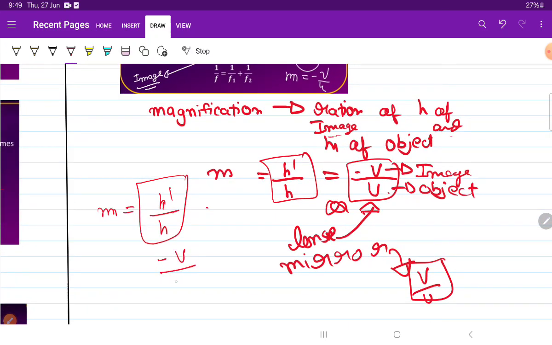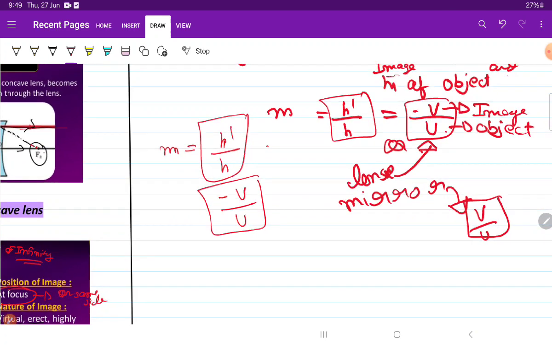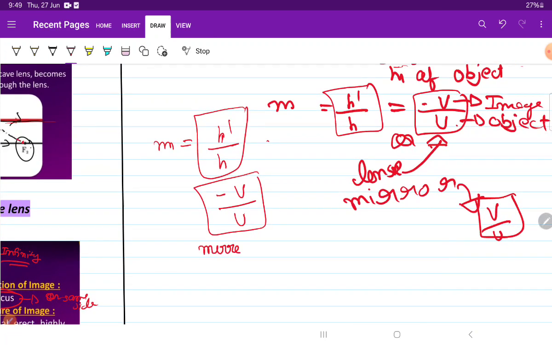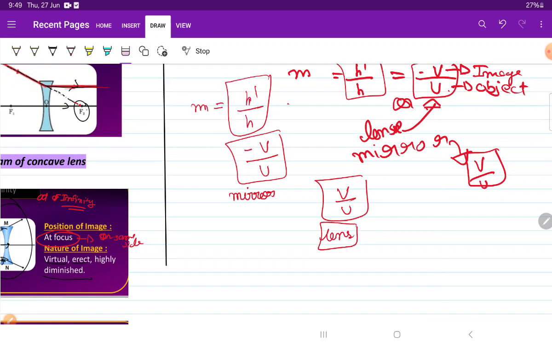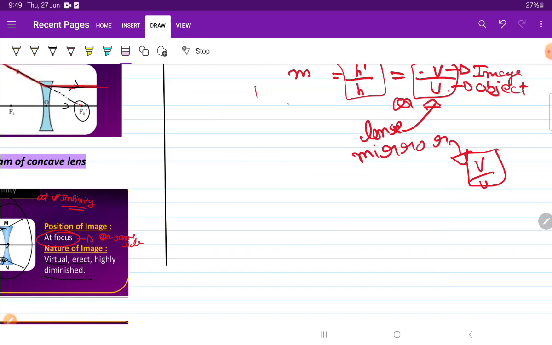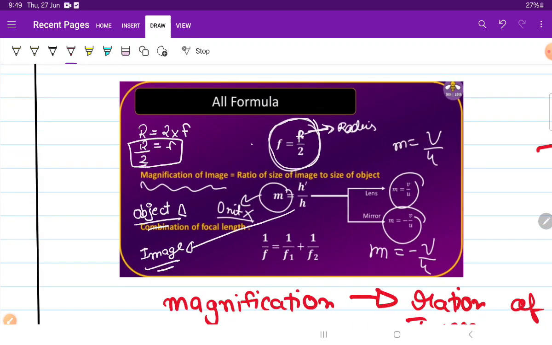You can put it like this also: minus v upon u for mirror, and v upon u for lens. I hope that is clear to you. Let's see in the picture. Here is the magnification, where h dash upon h, which means there is a division, into the lens and mirror, where the lens is v upon u and mirror is minus v upon u.